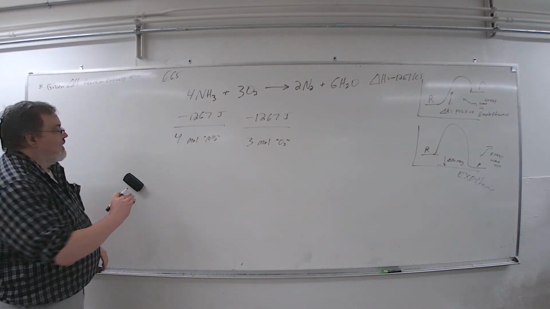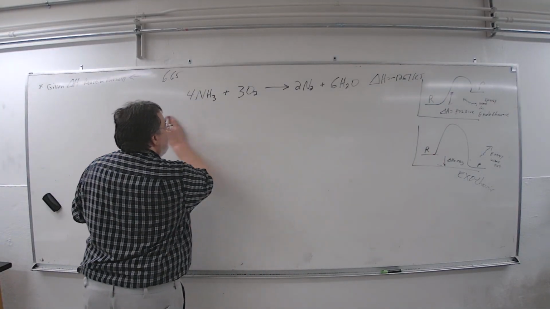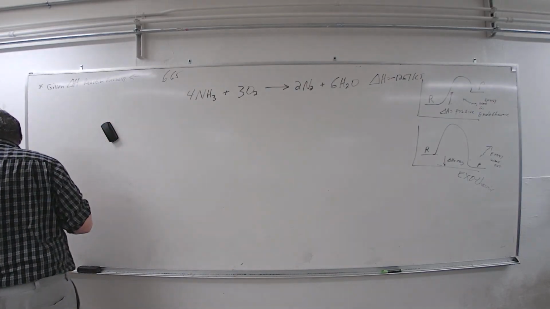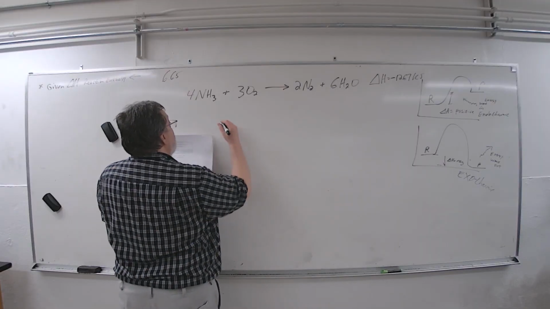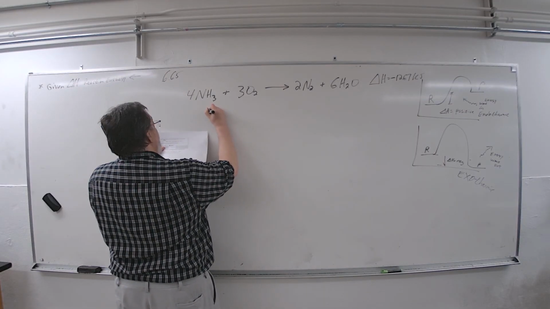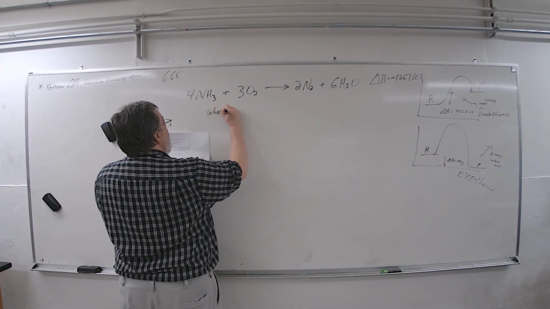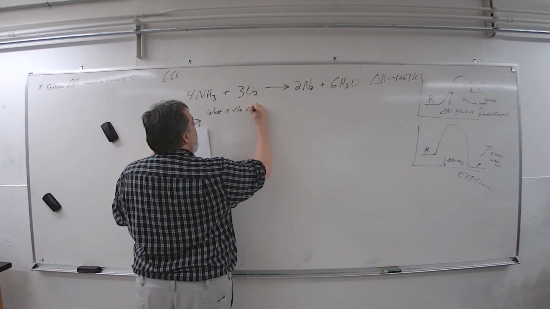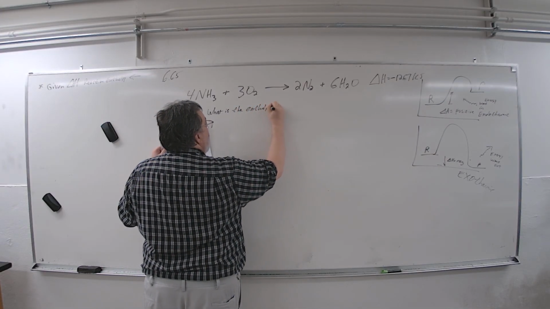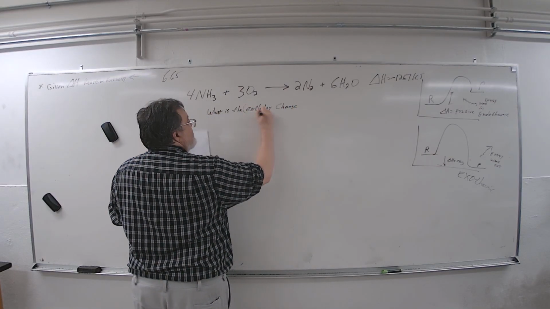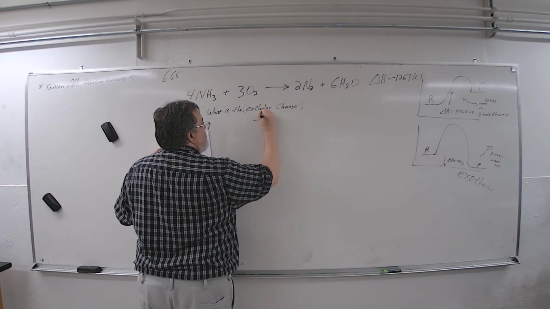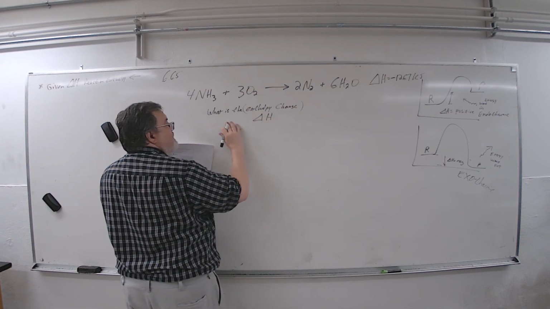All right. Having said that, you're given this, including the delta H, and it says, what is the enthalpy change? A synonym for enthalpy change is delta H. So I could have said, what is the delta H?